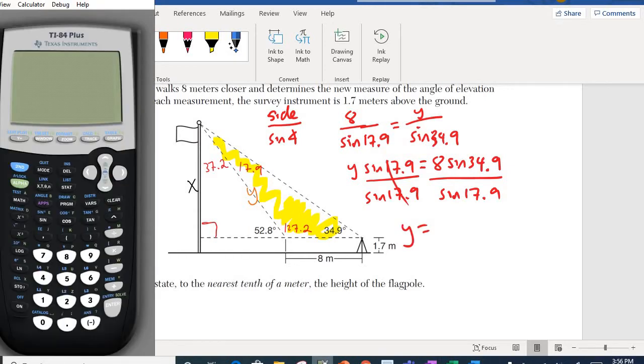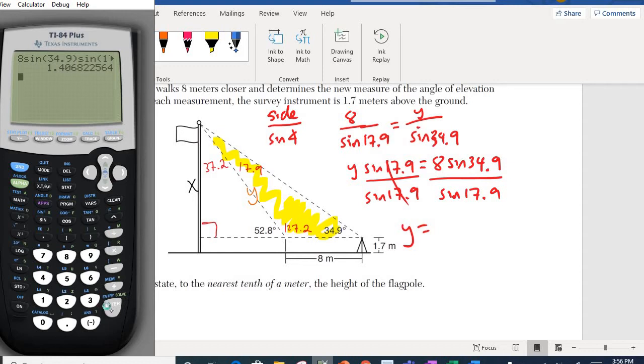Make sure you're in degrees, please. So I'm going to press mode, double check that I'm on degrees. That's good. All right, here we go. 8 sine 34.9, close parentheses, divided by the sine of 17.9, and that should be about 1.4.